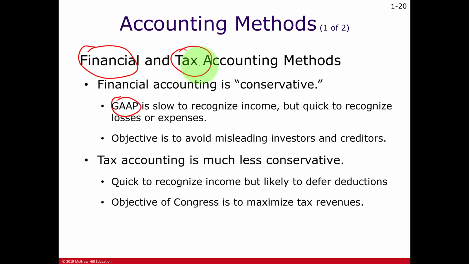And when the tax laws are different, you've got to use the tax laws to prepare your tax return. Here it says that tax laws kind of accelerate income. The government wants you to report your income as soon as possible so you pay more taxes. But it tends to postpone the deducting of expenses. So again, increasing your taxable income and probably paying more taxes faster.